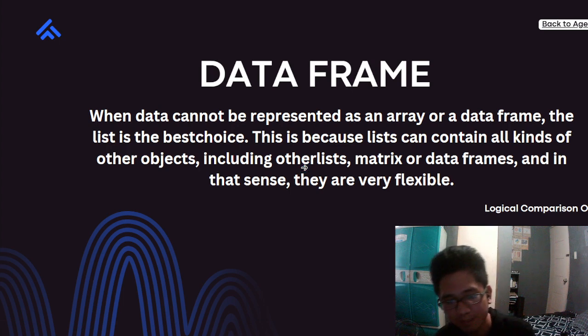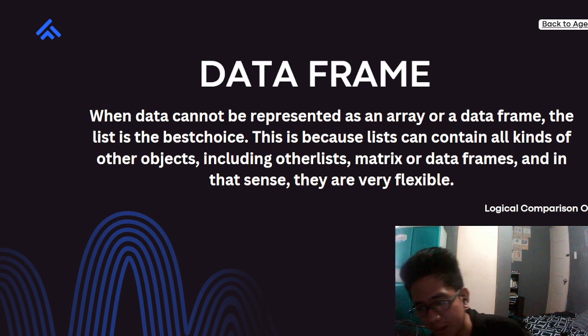When data cannot be represented as an array, the list is... it's not the meaning, but a data frame contains data from ranging. It's like an Excel. An Excel is also an example of a data frame. But the difference, don't read that. The only correct portion of that is the logical comparison operator.